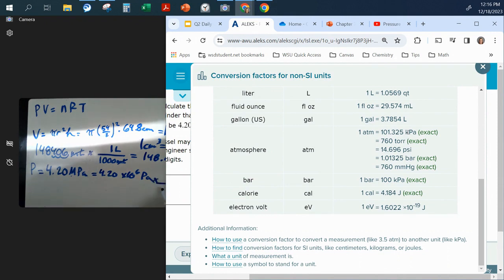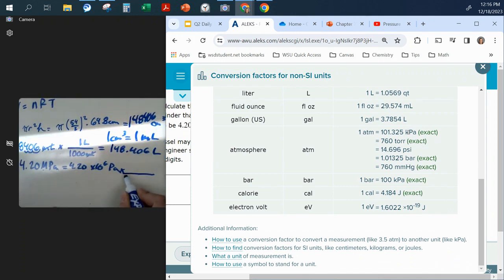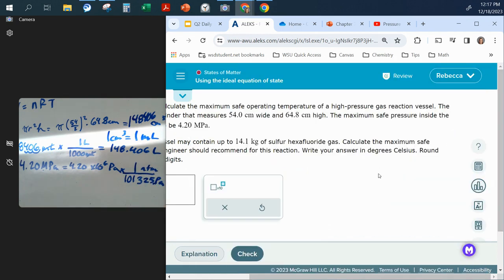So if I multiply this by 101,325, yes, I'm just going to convert it to pascals. So I have my decimals here. I just made my decimal for 1 atmosphere. Oh, they don't have atmospheres. Great. So let's go back here.